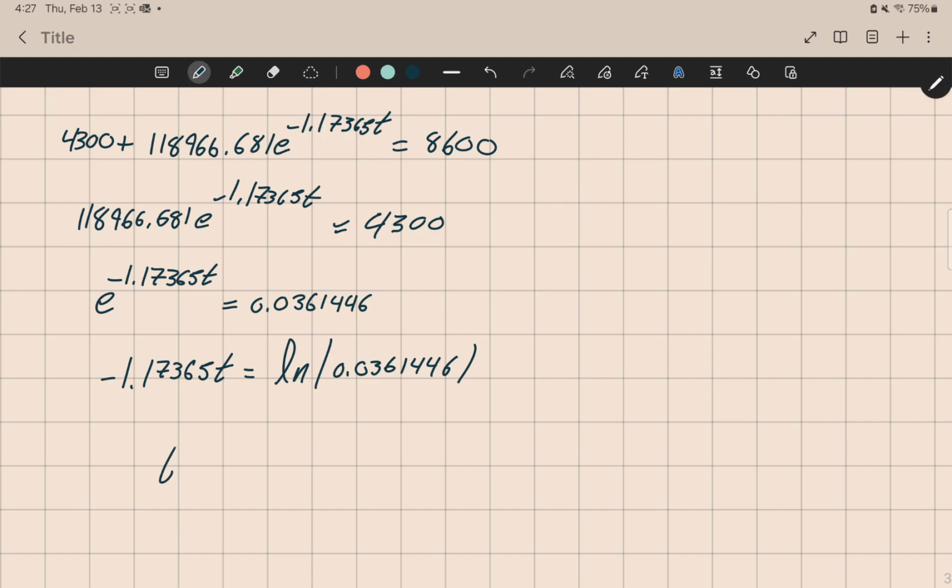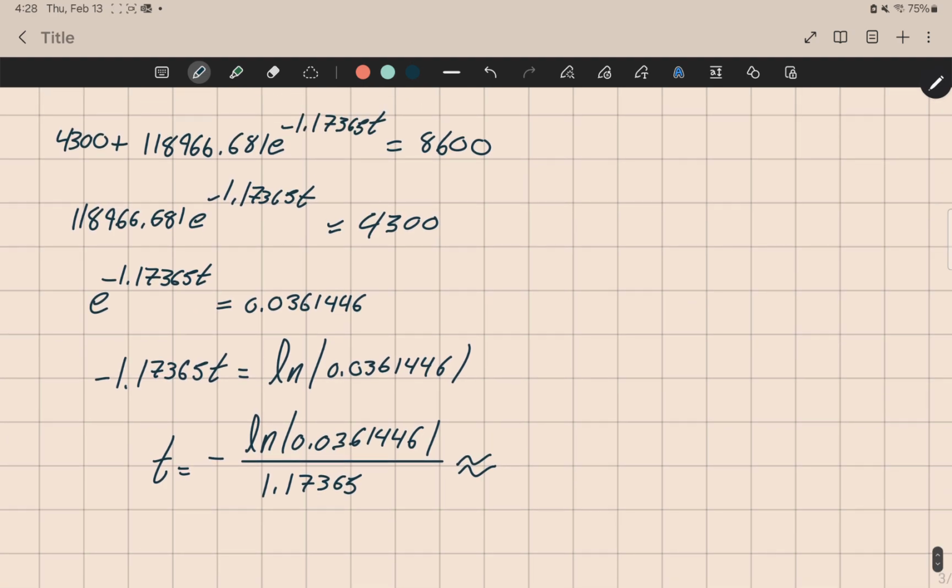We're going to divide over our 1.17365, and we end up with the negative natural log of 0.0361446 over 1.17365, and they're looking for years, and that's not a very friendly way to tell somebody how many years you're looking for. So we're going to get the non-exact value for that, and round off to a reasonable number of digits.